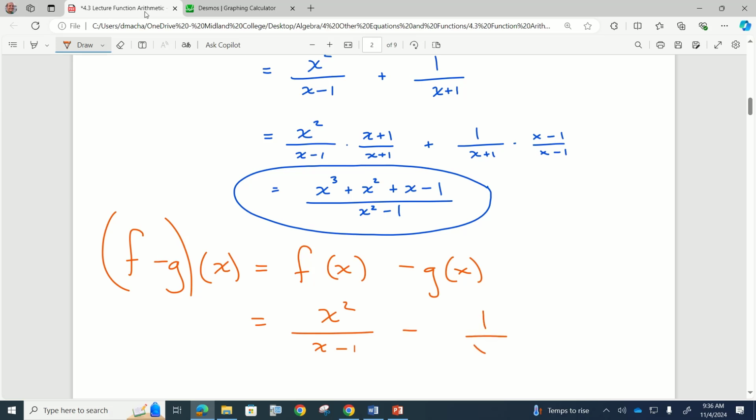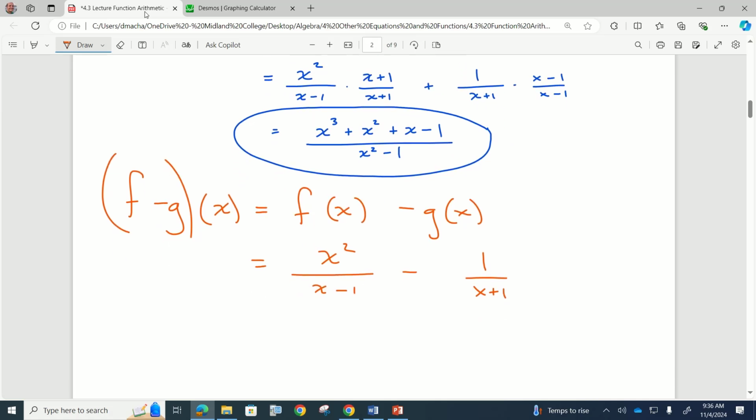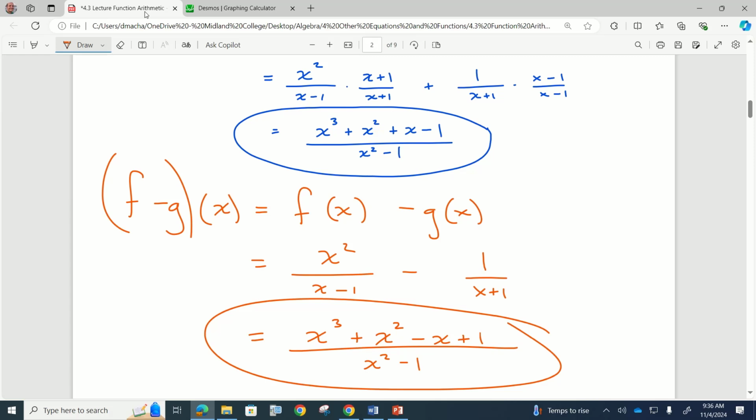G of x is 1 divided by x plus 1. And then you would find a common denominator, and the common denominator would be the same thing. It would be x squared minus 1, and you would just subtract instead of add whenever you add those, or subtract those fractions, right? And that's what it would look like to subtract fractions.